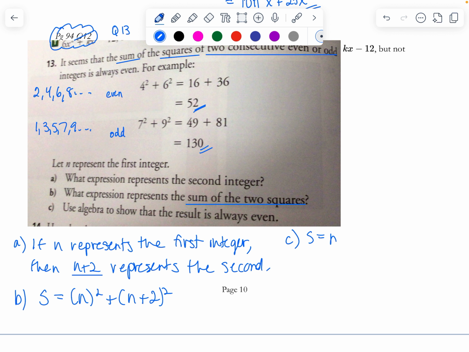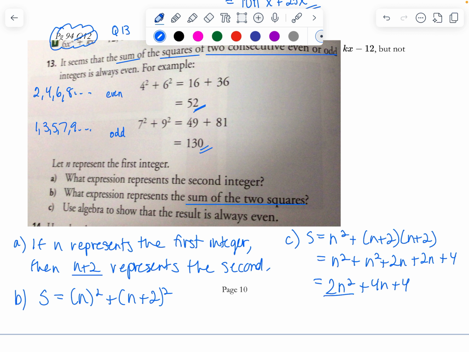So basically all I can do in this question is expand the second part of the equation. I'm just going to use distribution, and I end up getting 2n squared plus 4n plus 4.